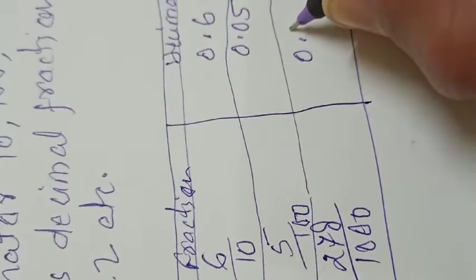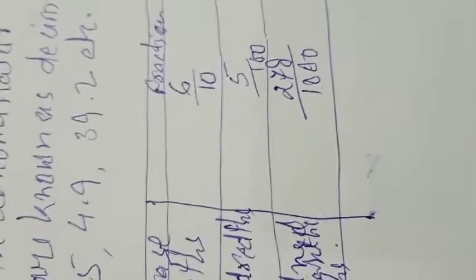Its answer will come 0.278. After the decimal we will read digit by digit of the decimal number. Everywhere after the decimal we read digit by digit.